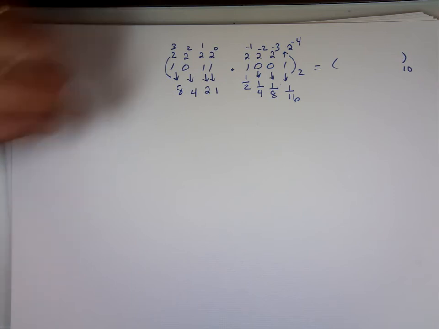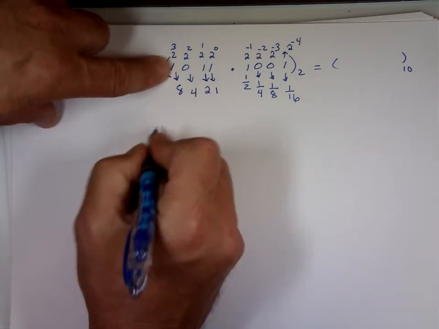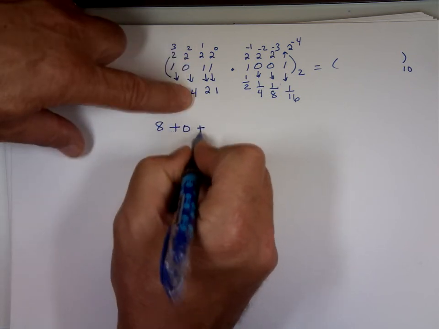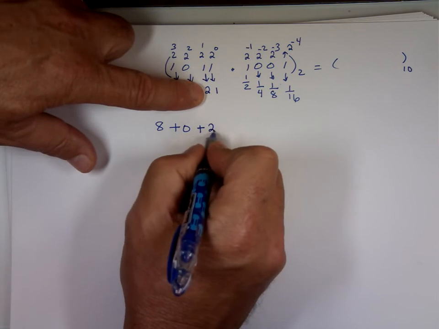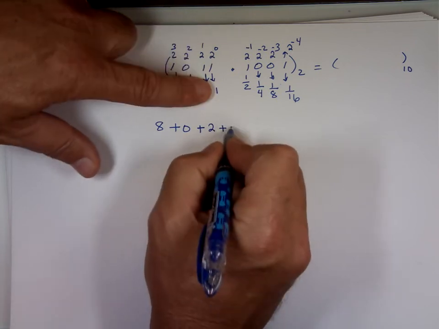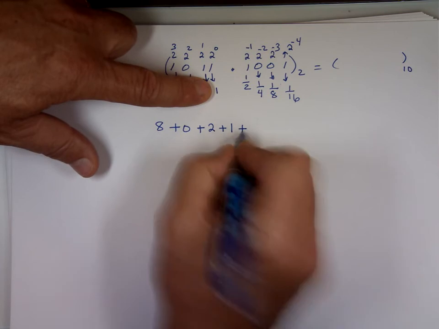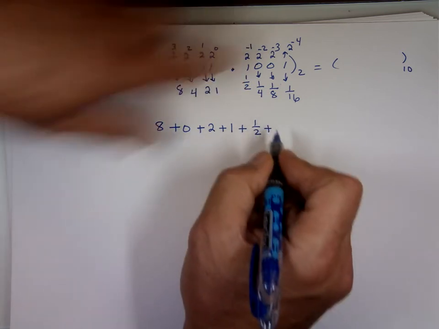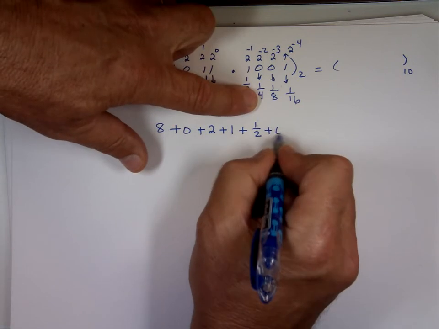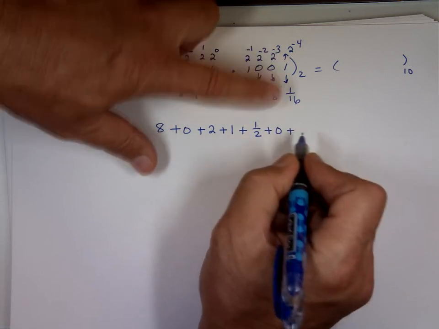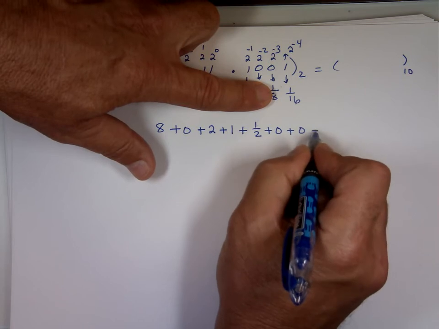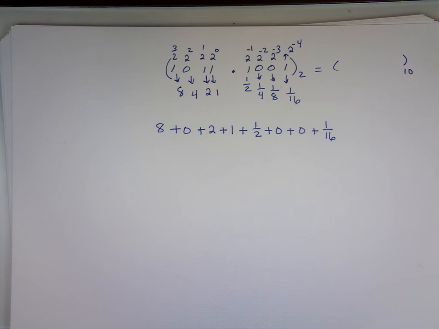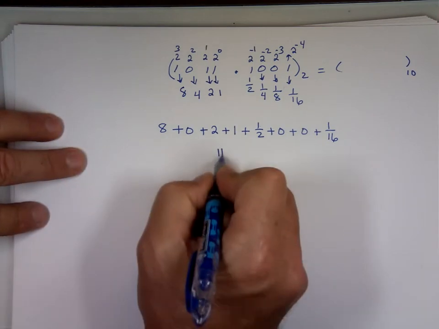1 times 8, 8. 0 times 4, 0. 1 times 2, 2. 1 times 1 is 1. 1 times 1/2, 1/2. 0 times 1/4, 0. 0 times 1/8, 0, plus 1/16. 11, and what's 1/2 plus 1/16?